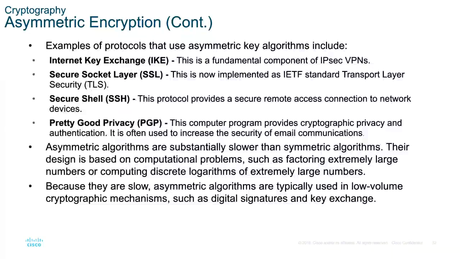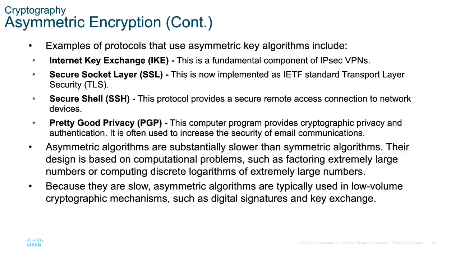Other things we can now use are Secure Socket Layer, Secure Shell, and Pretty Good Privacy. These all allow communication in an asymmetric fashion. Now, because it is asymmetric, it's not as fast as symmetric algorithms.